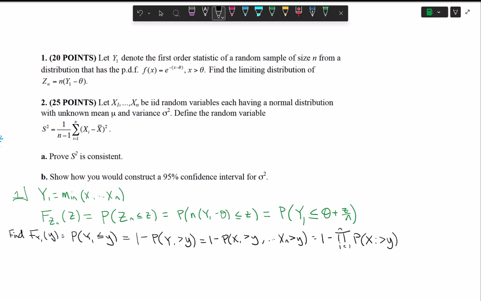And the probability Xi bigger than y can be identified through this PDF. Okay, I'll just do it up here. So probability X is bigger than y is going to be the integral from y to infinity of e to the minus (x plus theta) dx.